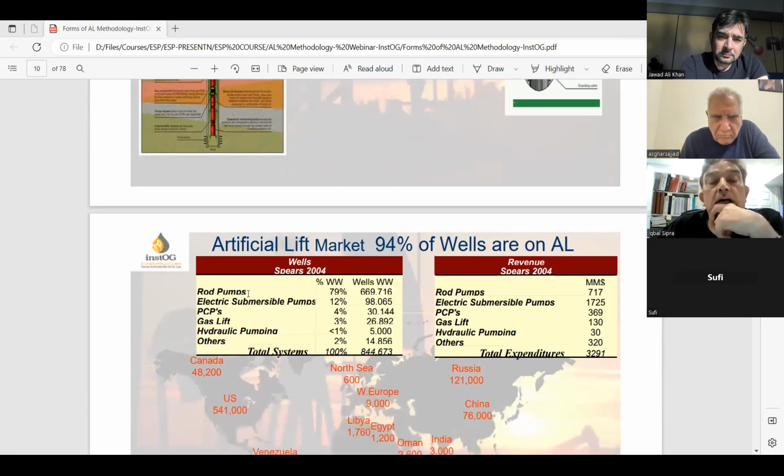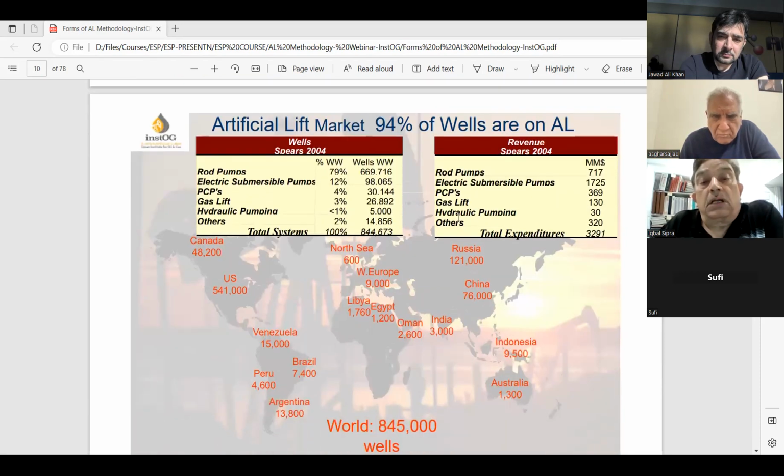Now I'll be talking mostly about the outline, and how artificial lift is important in the industry. Artificial lift makes up 94% of the wells. This is data from back in 2004, and sorry, I couldn't update it, but it gives you a picture. Rod pumps are 79% worldwide, and there are so many wells.